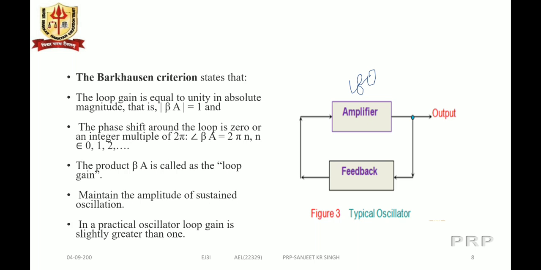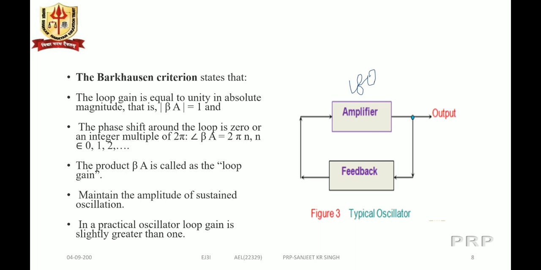That means the angle between beta, the feedback factor, and amplifier gain A should be equal to 2 pi n, where n could be 0, 1, 2 and so on. The product beta A is called the loop gain because it involves the amplifier gain A as well as beta, the feedback factor of the feedback network or phase shifting network.